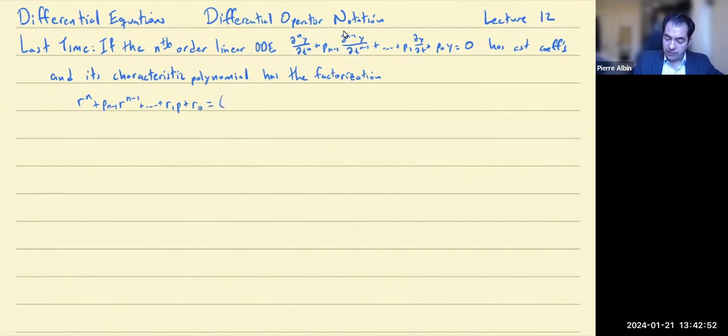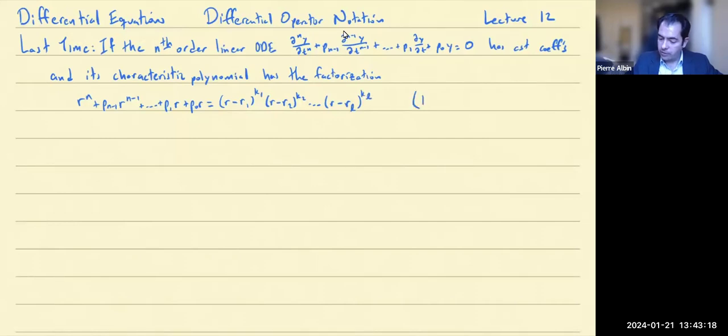And let's say that it factors as (r minus r1) to the k1 times (r minus r2) to the k2, and so on until you get to (r minus rl) to the kl.